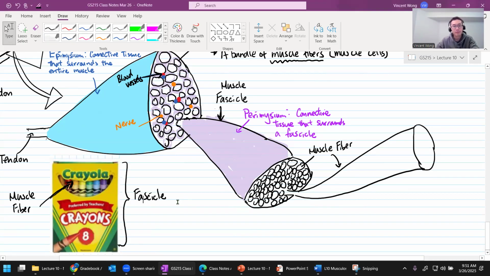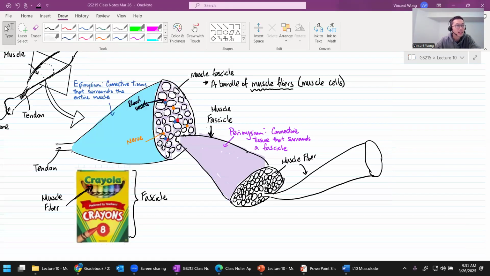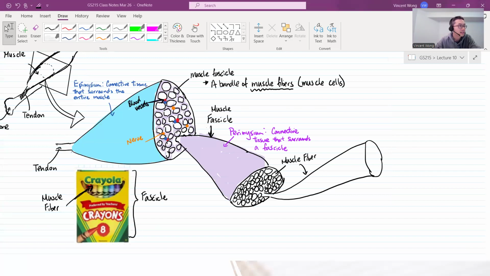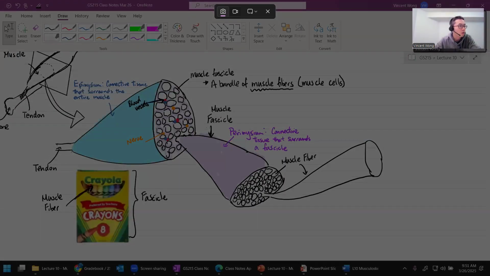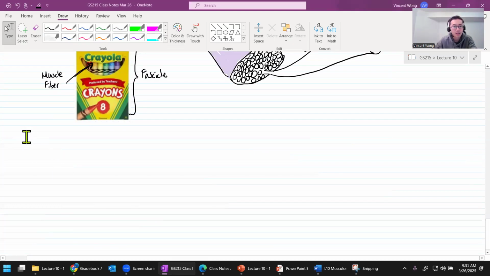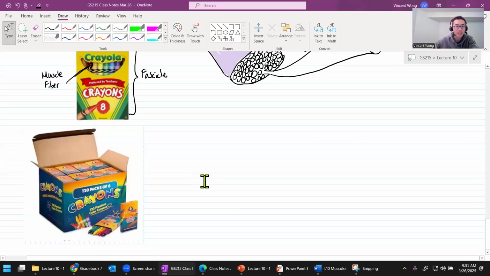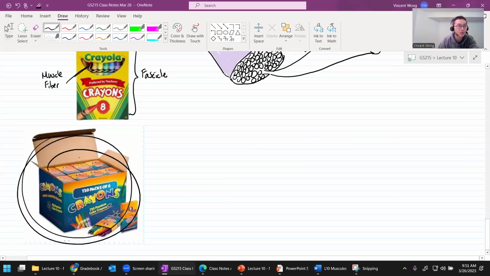And then you're going to shrink wrap this thing, right? With those plastic cellophane things. The shrink wrap would be like the perimysium. And if you buy a whole bunch of these from Amazon or something, this whole thing would be like the entire muscle.